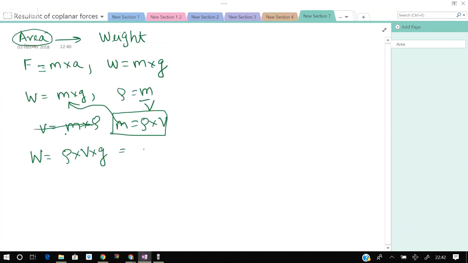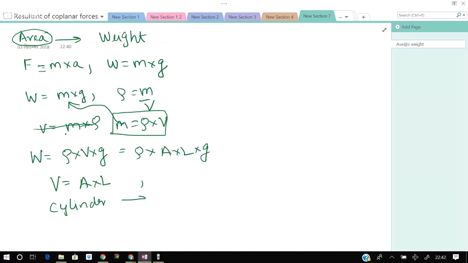So that will be equal to density into area into length into g. We know that volume is equal to area into length. The best example of this is a cylinder. So we can draw this as a cylinder over here.